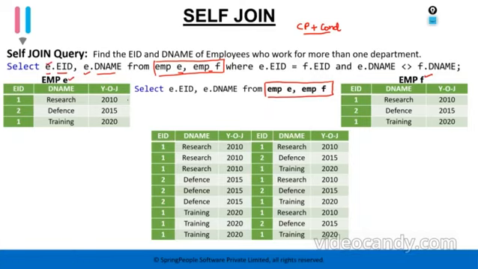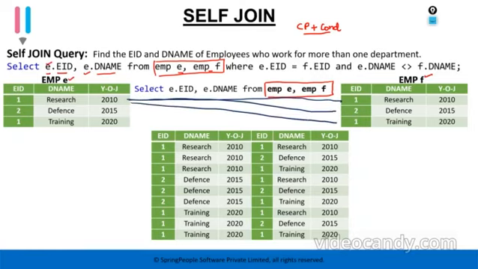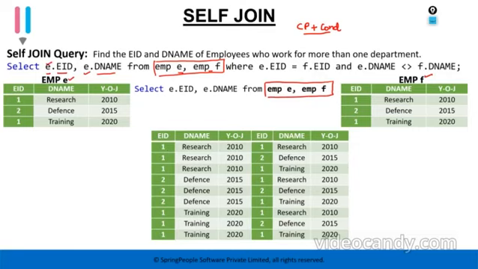In the Cartesian product, this row gets multiplied with this, this, and this, and then the next rows get multiplied. So what exactly are we getting? One research 2010, one research 2010, one research 2010, two defense 2015, one research 2010, one training, two, like this.